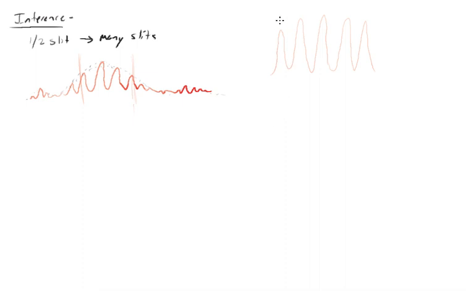You end up with these same maximums in the same positions, but it makes them narrower, and it adds some extra little bumps in between them.